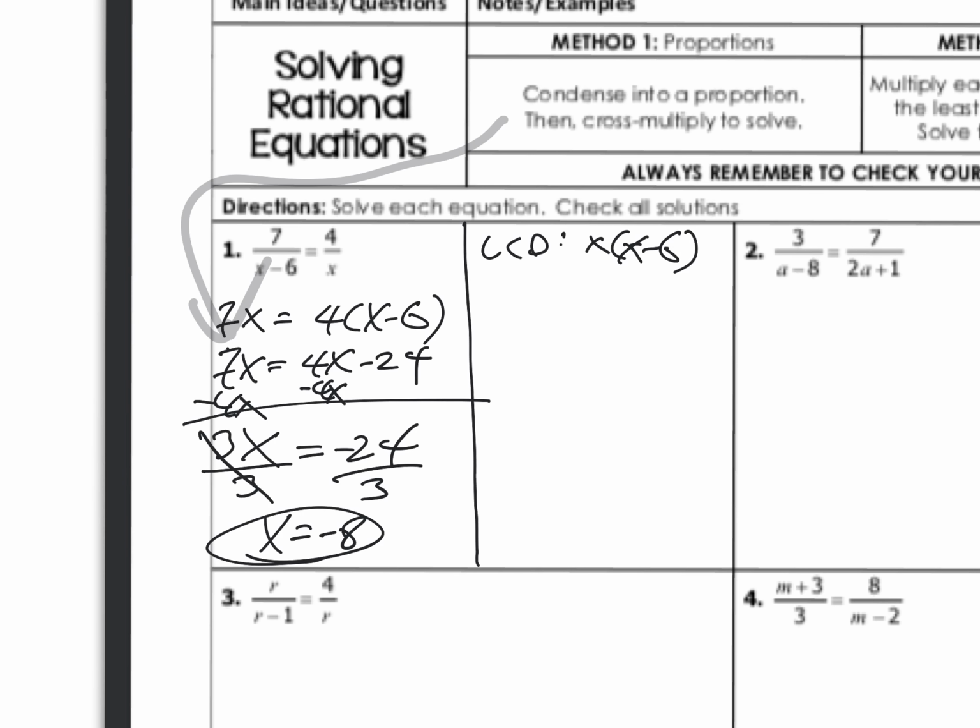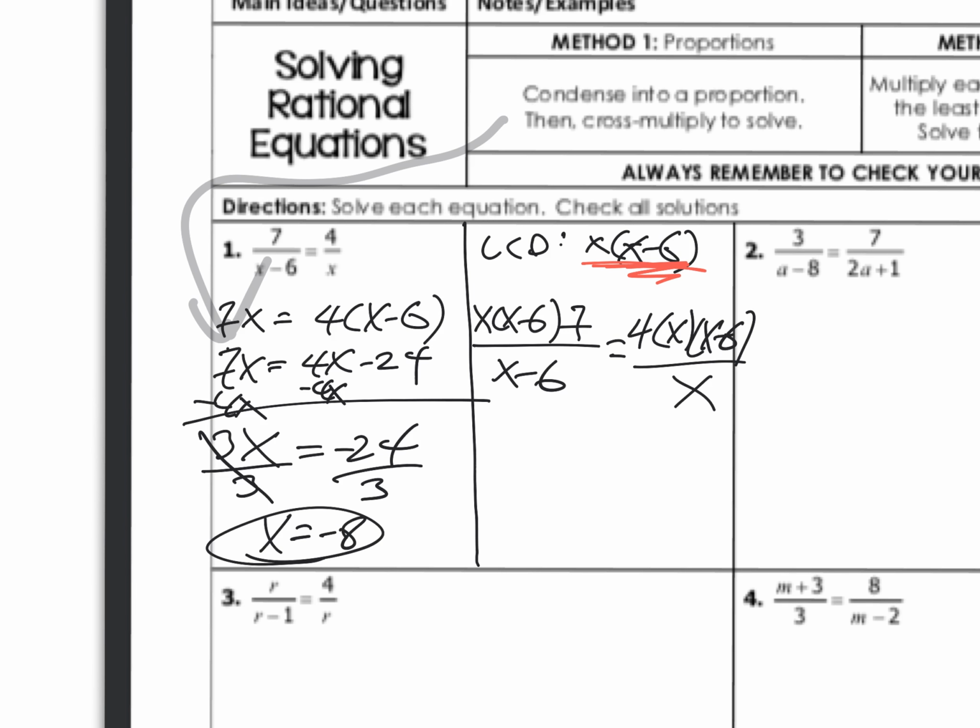Then we multiply this amount to both sides of the equation. It's a little bit long, but let's write it out: x times x minus 6 over 7 over x minus 6 on the left equals 4 times x minus 6 over x on the right.